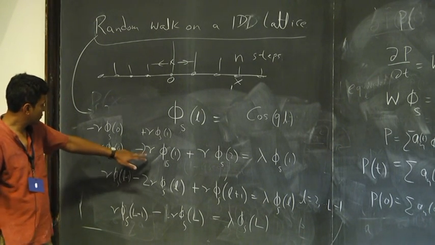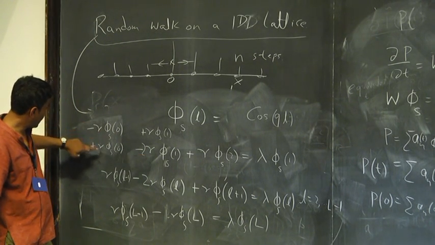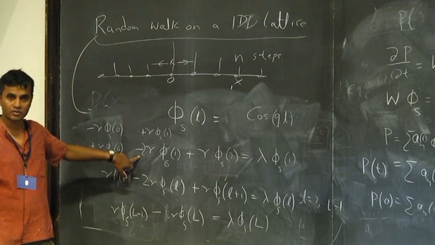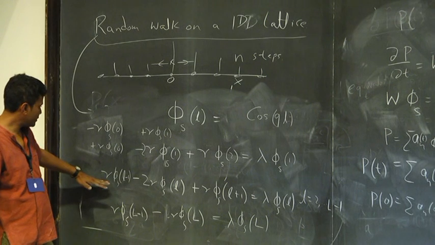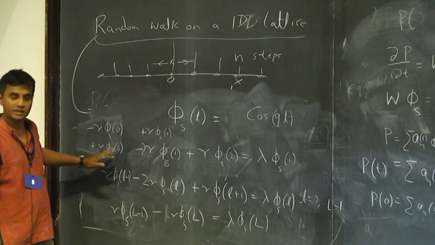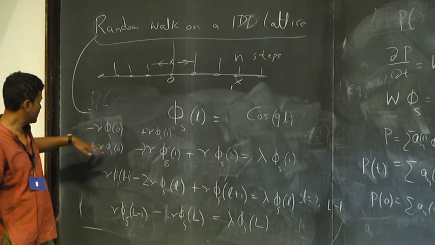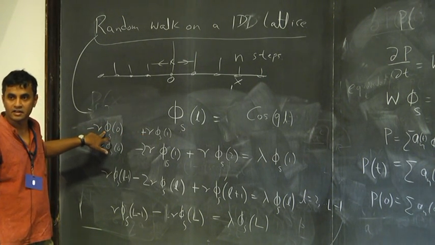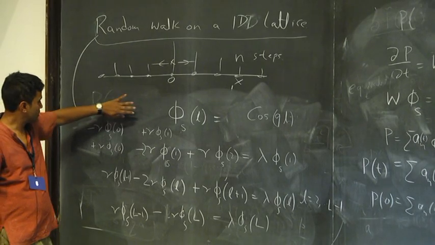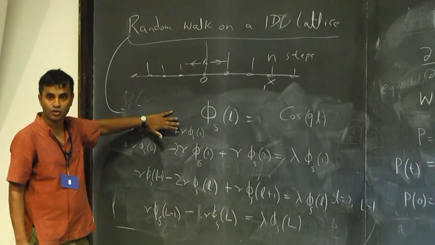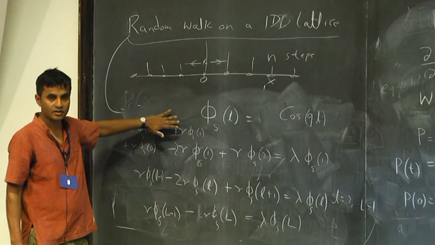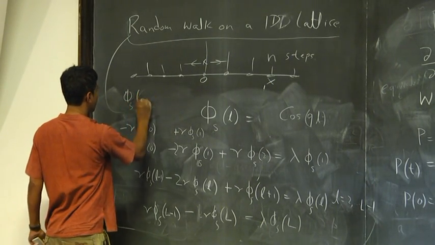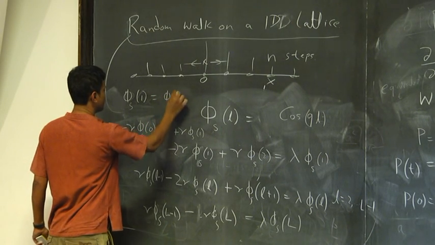So I took this equation and I added and subtracted this term, and here also I added and subtracted this term. Now this equation also looks like this, but I have these two additional terms, and what I want is that this should be 0. So that's the boundary condition: phi s1 should be equal to phi s0.